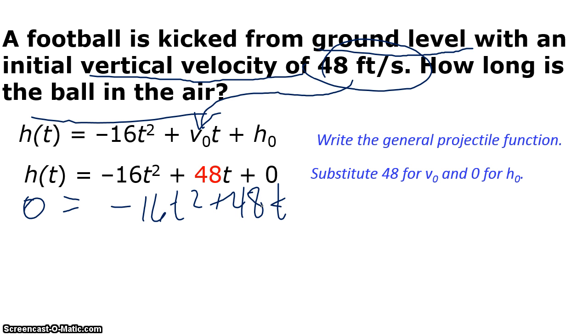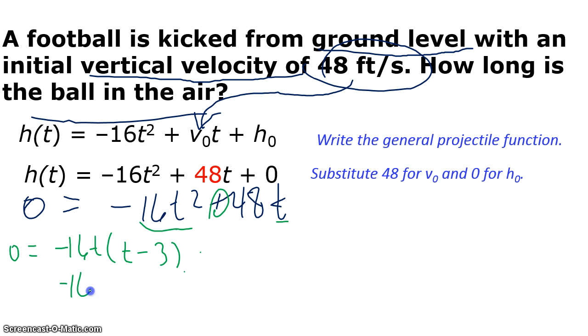Again, we've got that t that we can take out, and we can also take out the 16. Again, we're going to take the negative out with it. So negative 16t, we'll be left with a t, and then remember this sign changes, t minus, and 48 divided by 16 is 3. So we know that is equal to our 0.